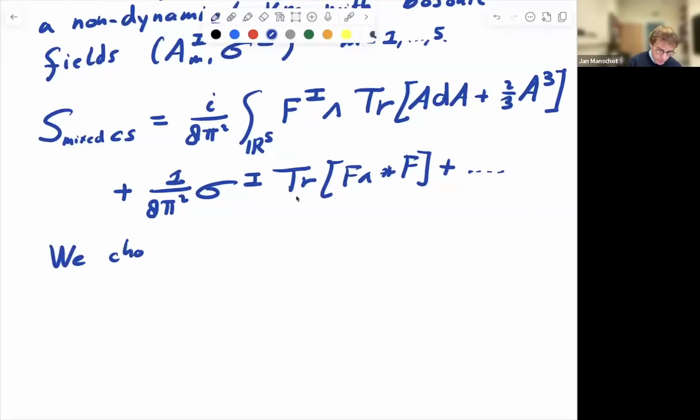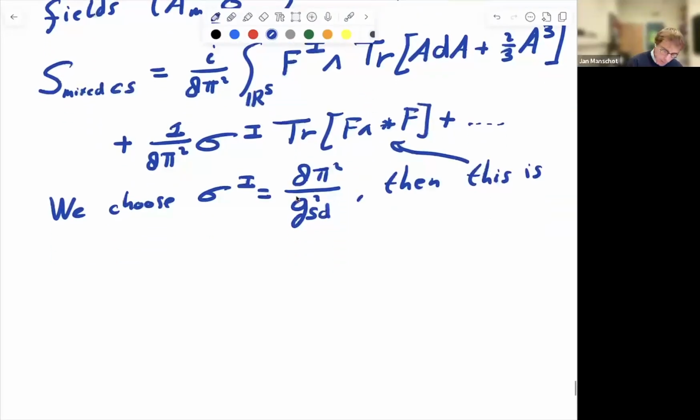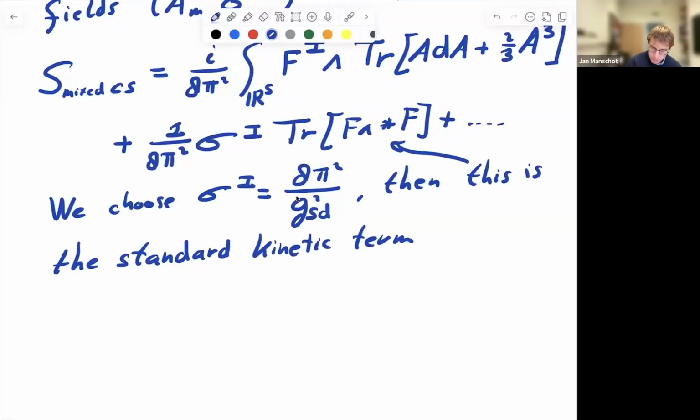We choose sigma^I equal to 8 pi squared over G5D squared. Then this term is the standard kinetic term for the gauge field.